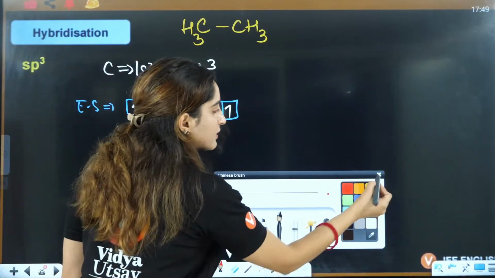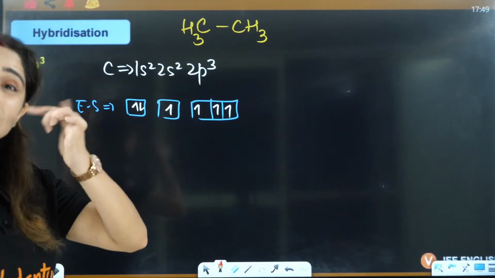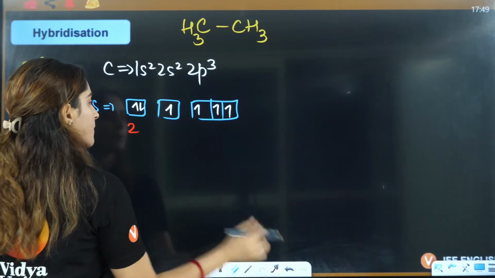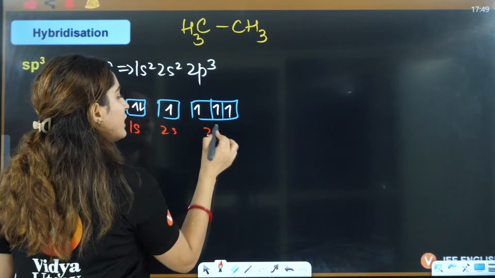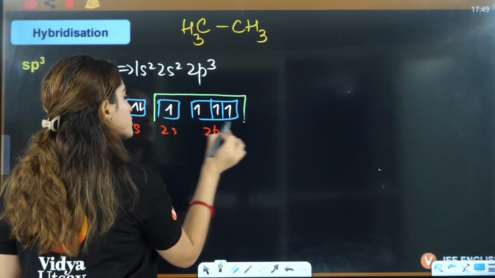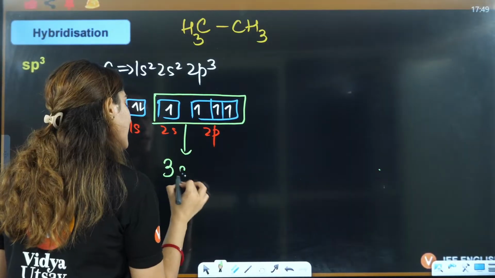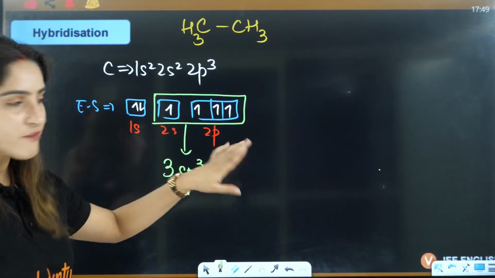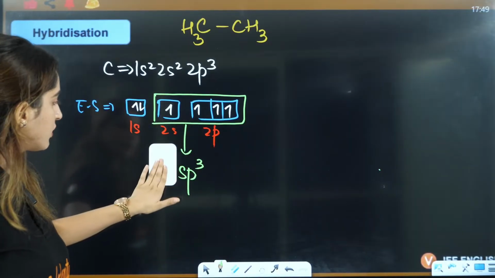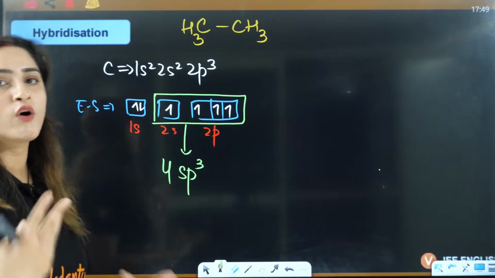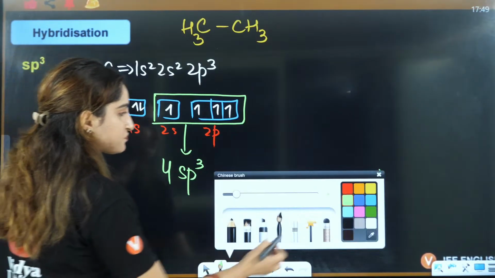Excited state will be like this. We are saying sp3 hybridization is having this. Only valence orbitals will participate, so 4 orbitals are combining and 4 sp3 will be formed here.